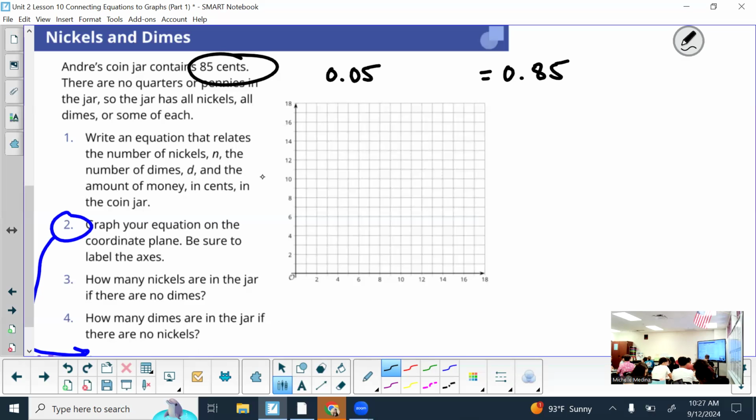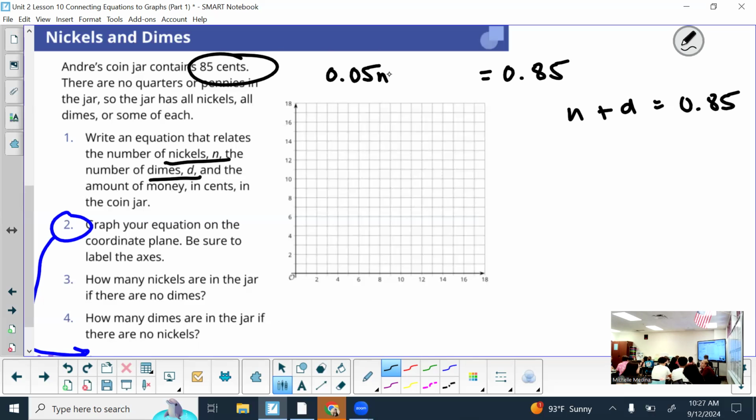We're missing our variables. They want us to use n for nickels, d for dimes. It's not just gonna be n plus d is 0.85. I need something that gives me the dollar amounts of each. So what needs to go here, next to the 0.05? And an n, because it's times n.